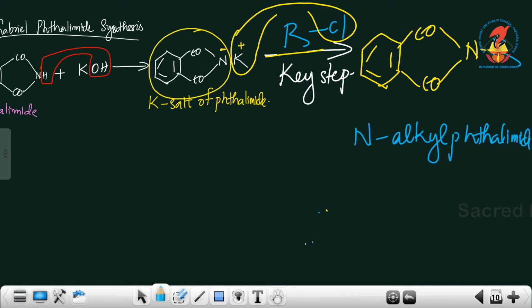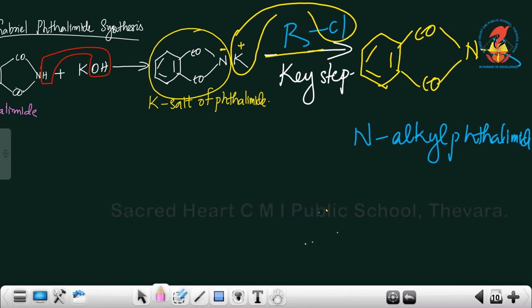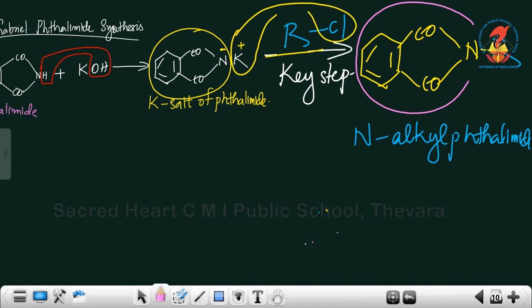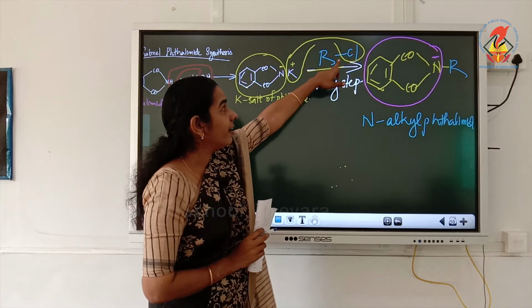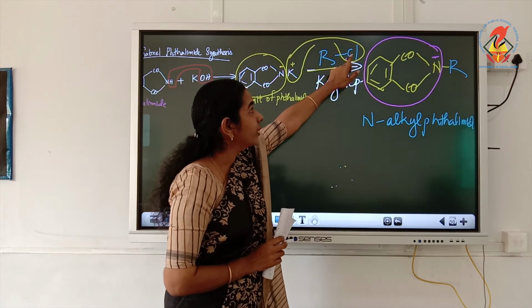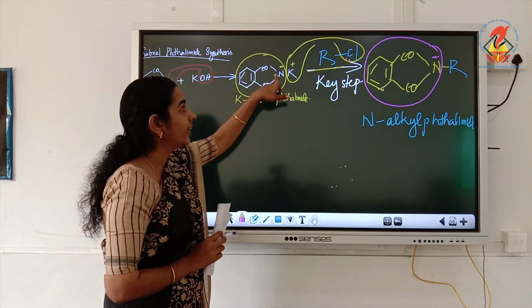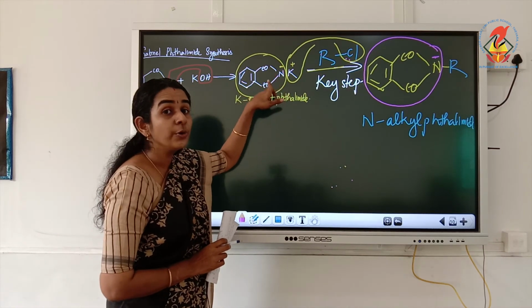In the key step, see what happens: in the alkyl halide RX, the X is replaced by which group? See the structure properly, the full anion group. The X or the Cl is replaced by this anion, which is known as the anion of phthalimide.